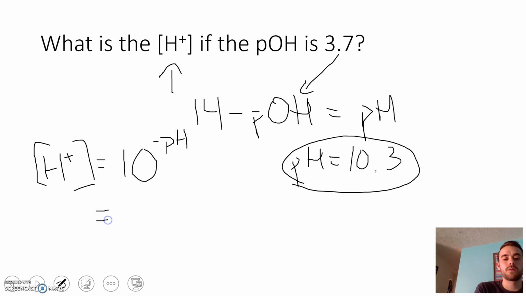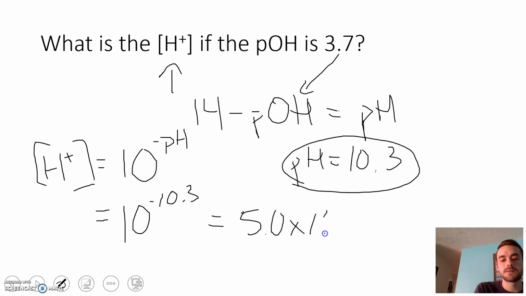So for ours, we would do 10 to the negative 10.3. And if you go ahead and punch that into your calculator, you should get 5.0 times 10 to the negative 11. And these are all for concentrations. Those are all going to be a molarity.